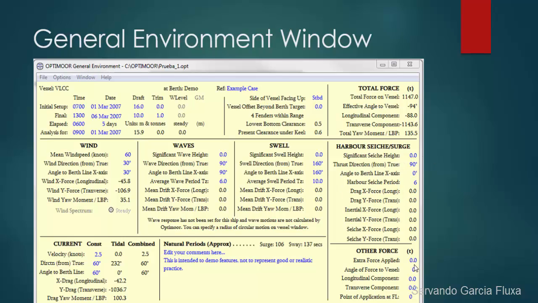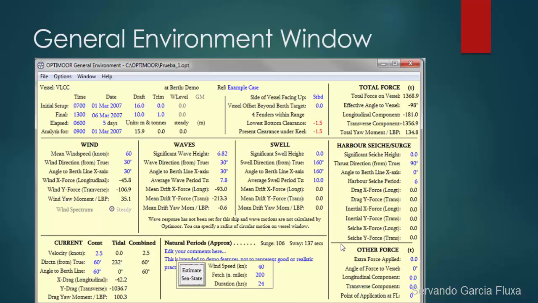Also, OPTIMOOR allows you to introduce some other force, like, maybe you're considering if a ship hits another ship, and you have the load that's going to transmit to the fenders or to the bollards, then you can introduce those data on the bottom right side of this screen.